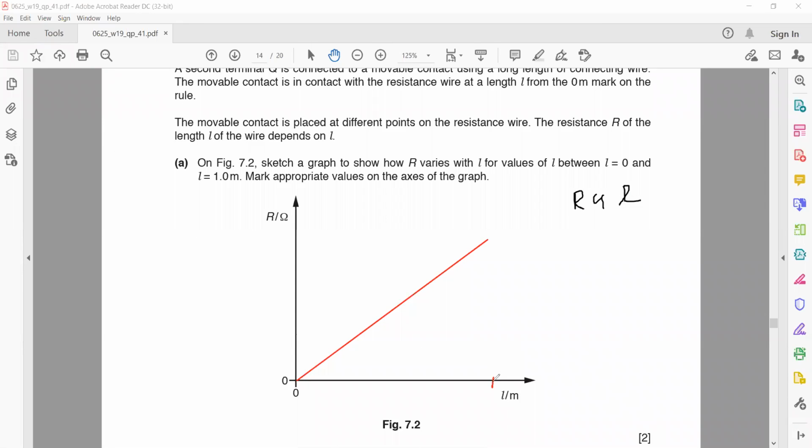So if this length is 1 meter, and I label this as 10, this will be 5, so 7.5 or 7.6 would look like this, and this one is 1 meter, this will be half a meter. So when two quantities are directly proportional, there should be a straight line starting from, or passing through, the origin.